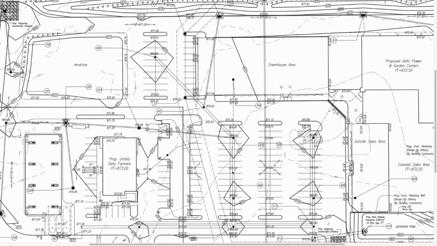What are we referring to? But in this particular plan, I see, again, a lot of things with numbers, 872, 870. I'm going to guess those are elevations of various features.